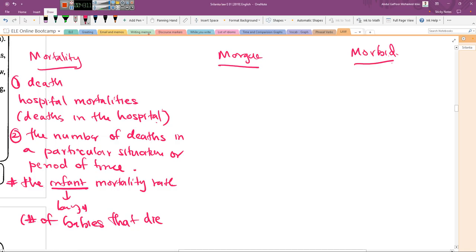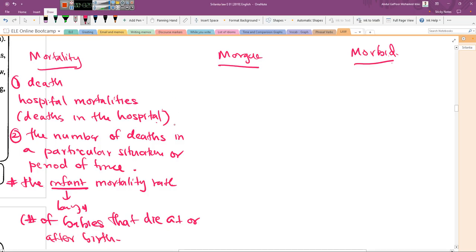Sometimes during the birth, or just after a while, the baby may die. So the number of babies that die at or after birth.